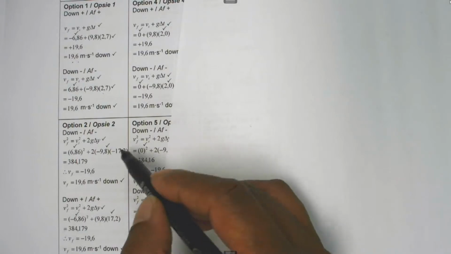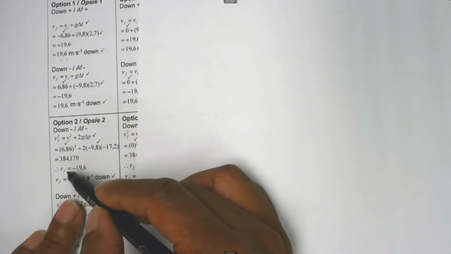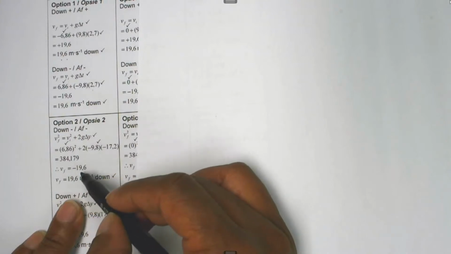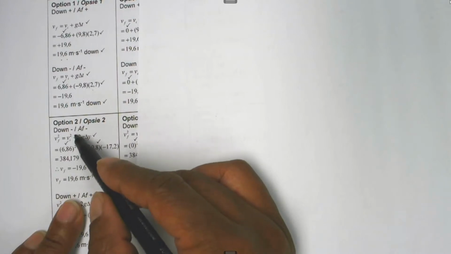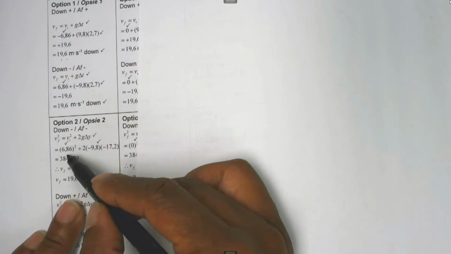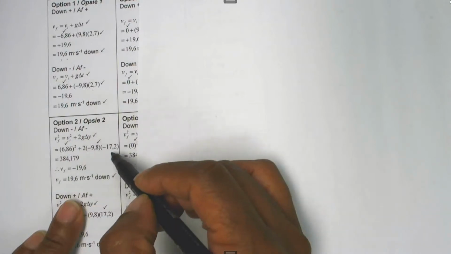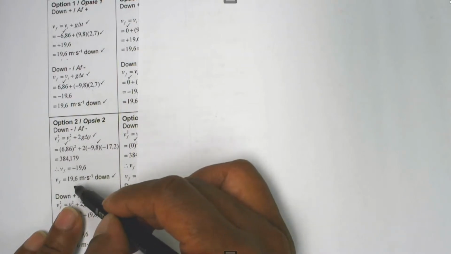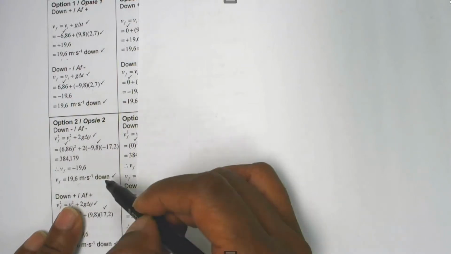Now what do we have to do? We have to take the square root. Now the square root of that, what does it mean? We are taking either the positive or the negative. For this instance, we have to take the negative value because the negative is the one that is going down. The final displacement was going down, because initially it was going up, it is positive, and finally it is going down. Ultimately we end up with this value of 19.6 meters per second, going down because of that negative.